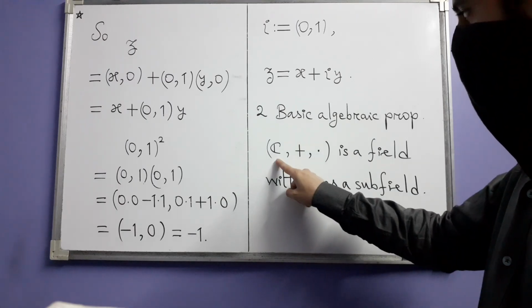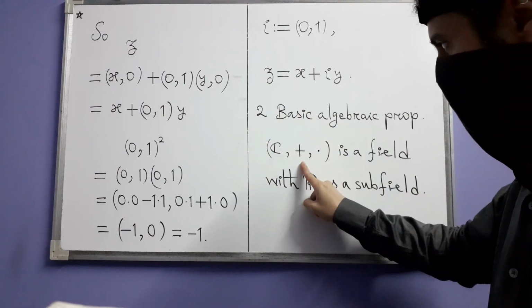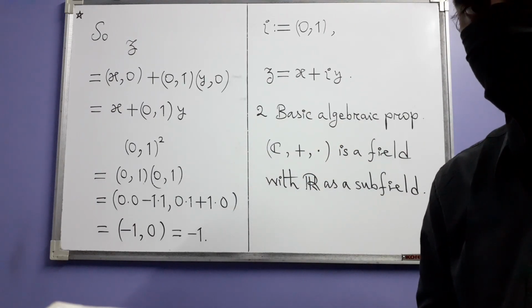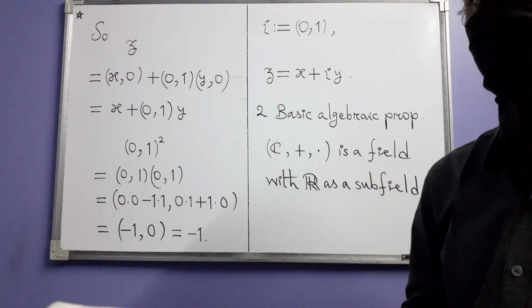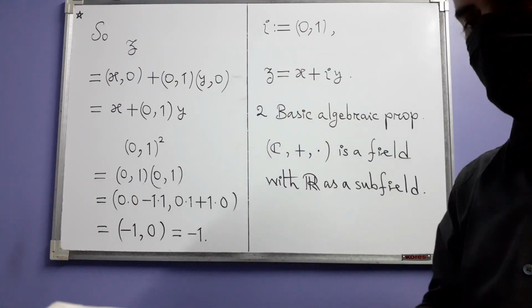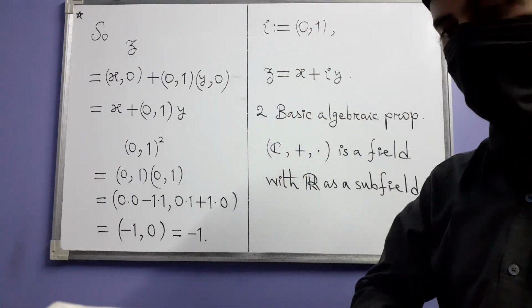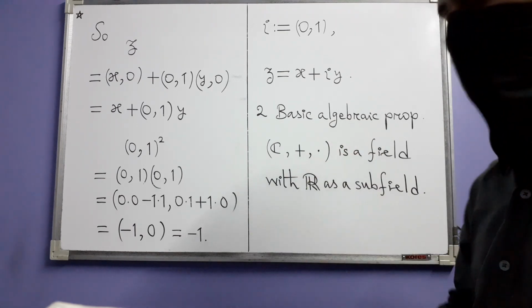Namely, this system consisting of the set of complex numbers, addition of complex numbers and multiplication of complex numbers is a field with R as a subfield. R means the copy of R that C has inside of it, which behaves exactly like R, that is a subfield of this field.